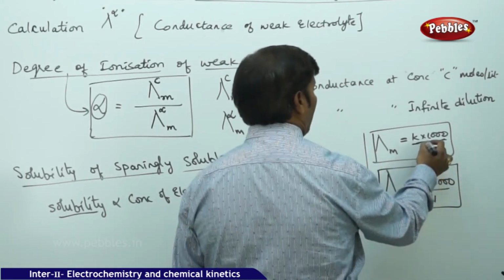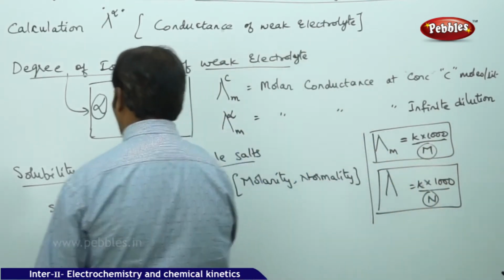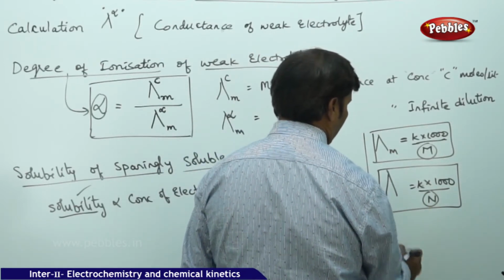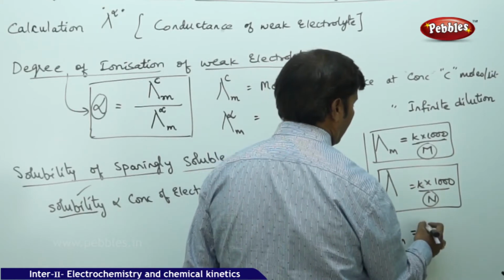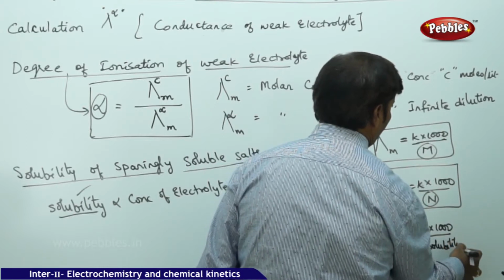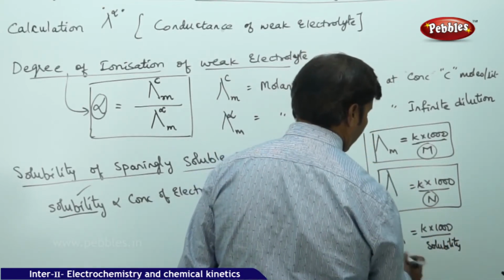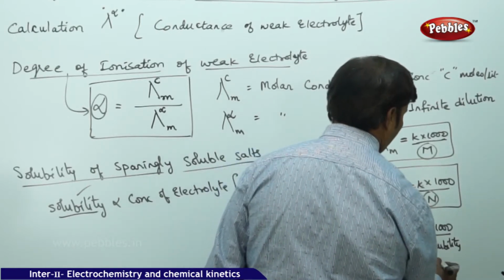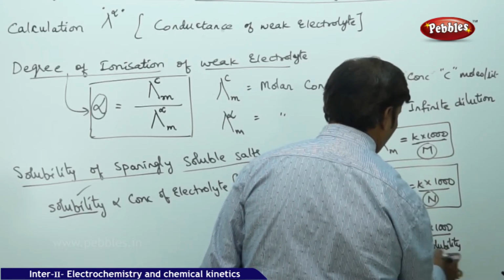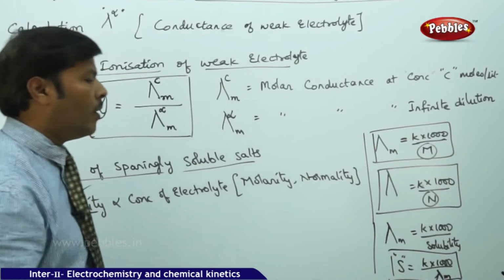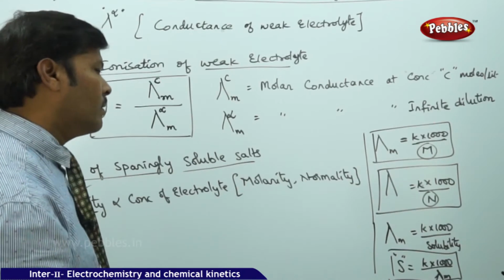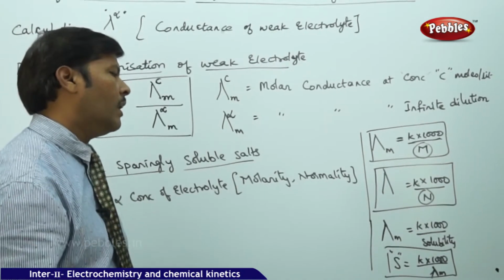But because we are considering molarity and normality as equal to solubility, I am going to remodify this: molar conductance is equal to K into 1000 divided by the solubility. So S, which represents the solubility, is equal to K into 1000 divided by the molar conductance at a given concentration. This is the formula we use for the solubility of a given electrolyte.